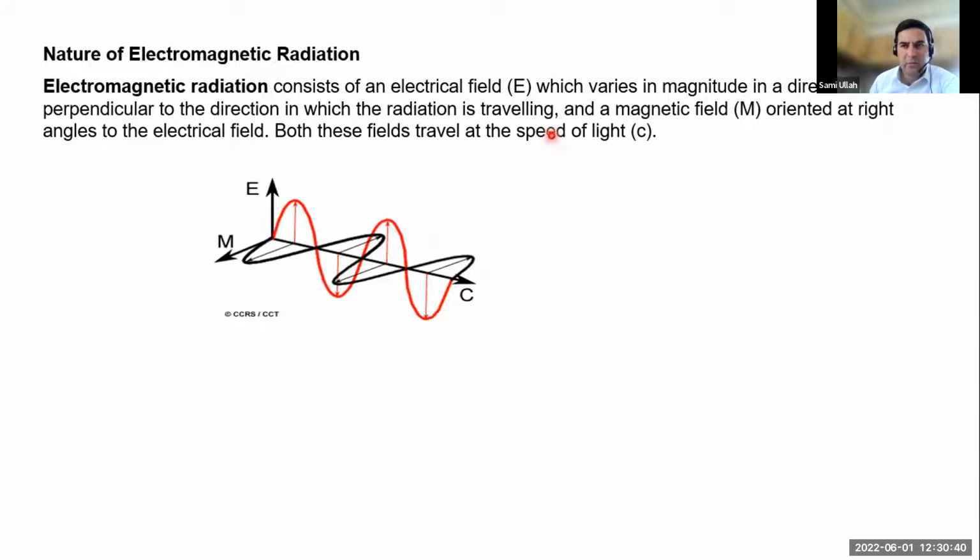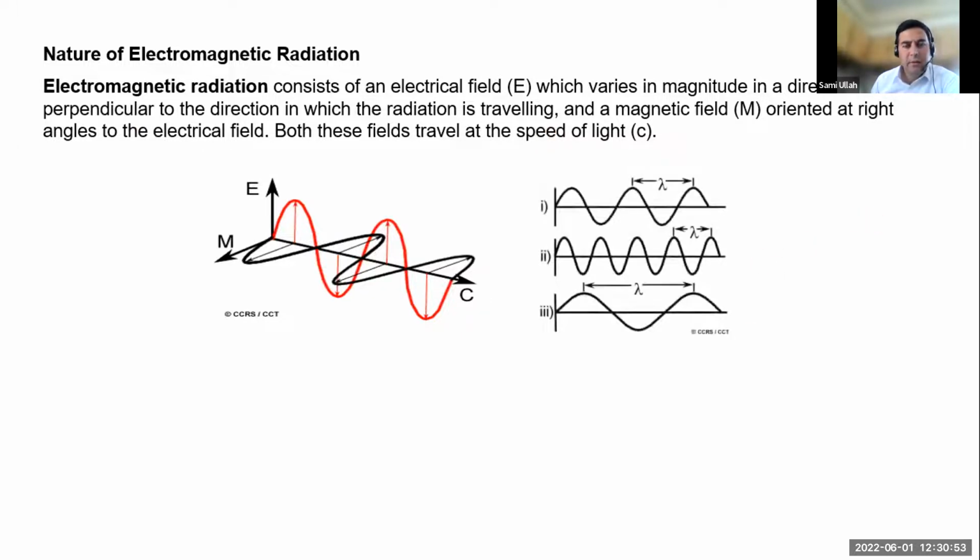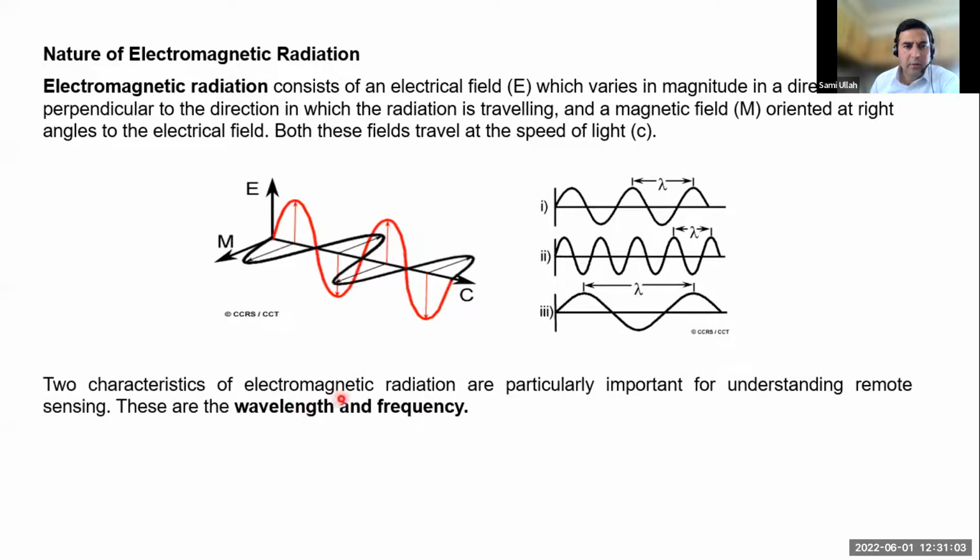So actually it is light. You don't need to be confused between electromagnetic radiation and light, they are the same thing. We are using different words for this. But in this radiation, two things are very important. The first one is the wavelength and frequency.